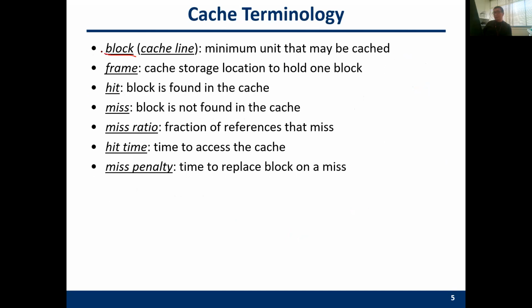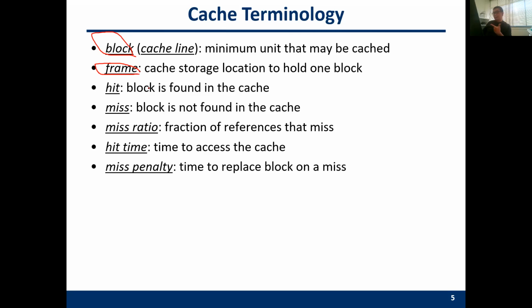So we have the block concept, which is the minimal granularity of the data we fetch from the DRAM to the core. Frame has the same size as the block, but a frame is a physical concept.